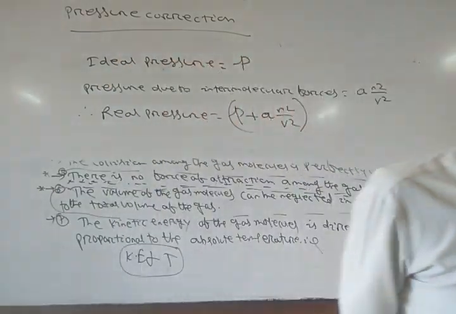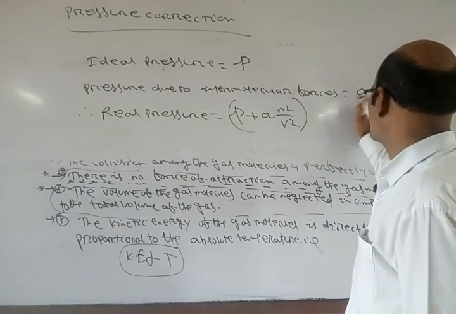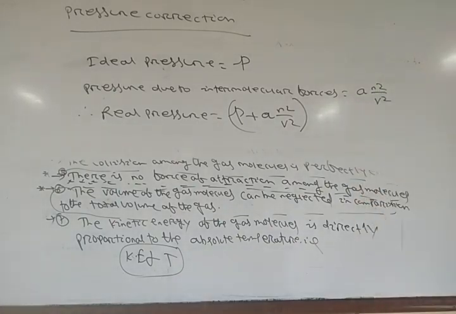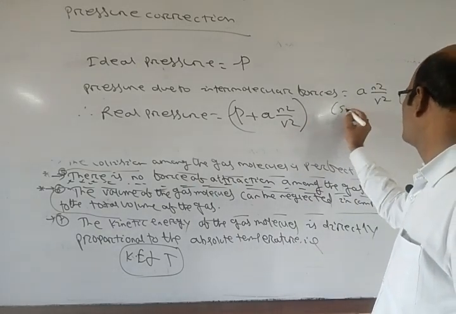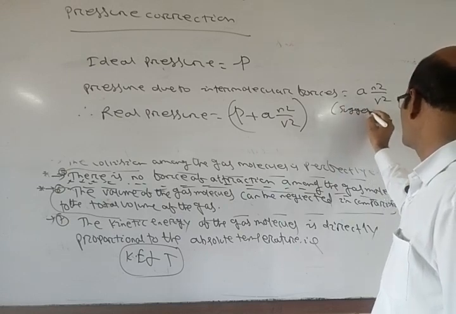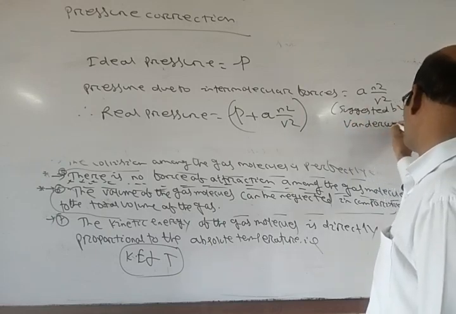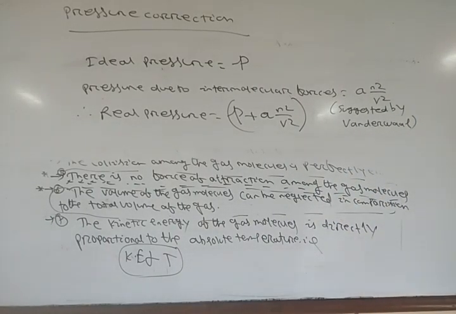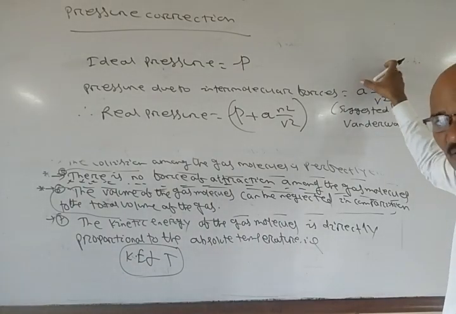So this is suggested by Van der Waals. So a n square by V square is the pressure correction term suggested by Van der Waals.